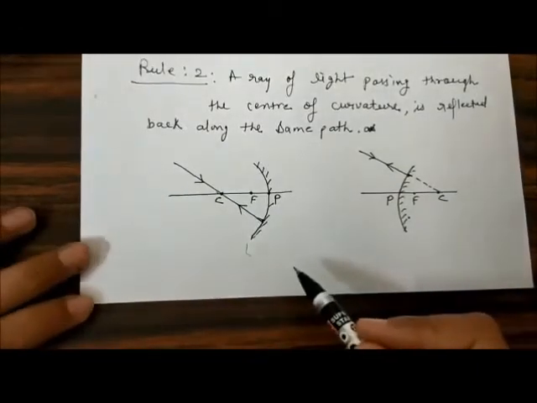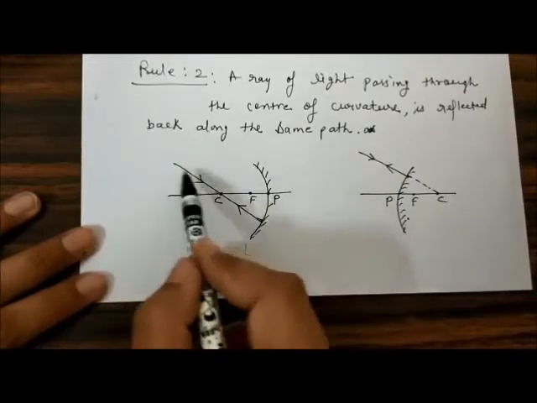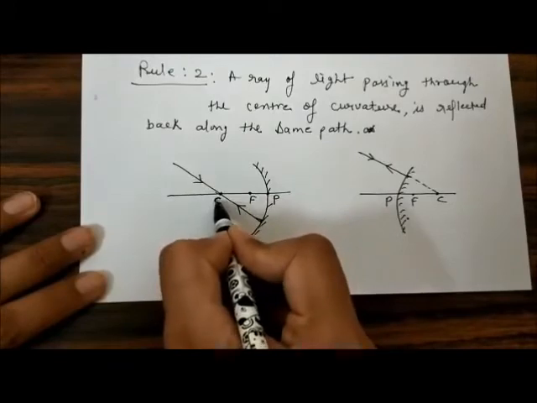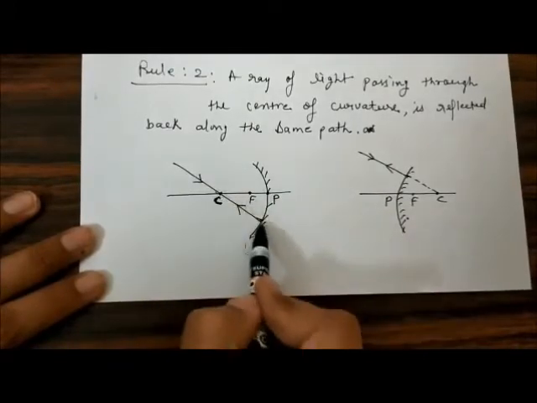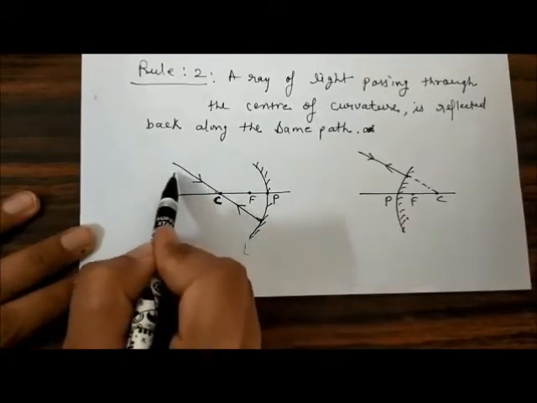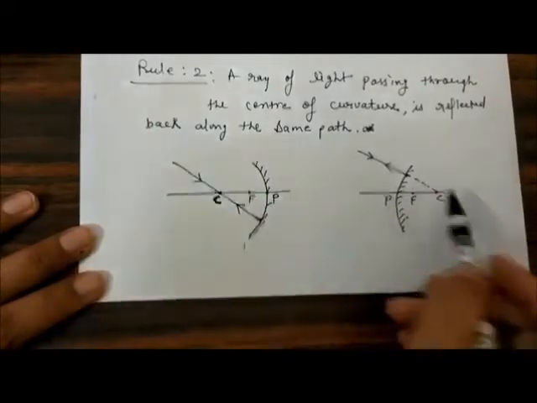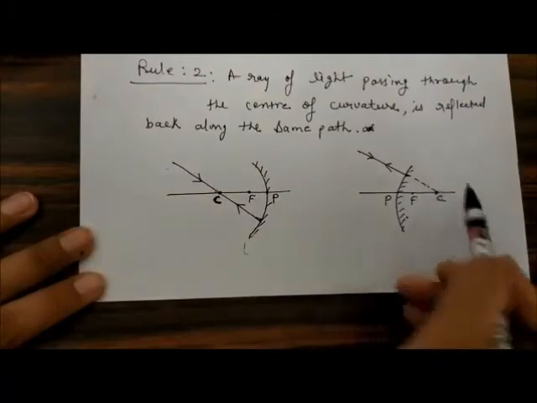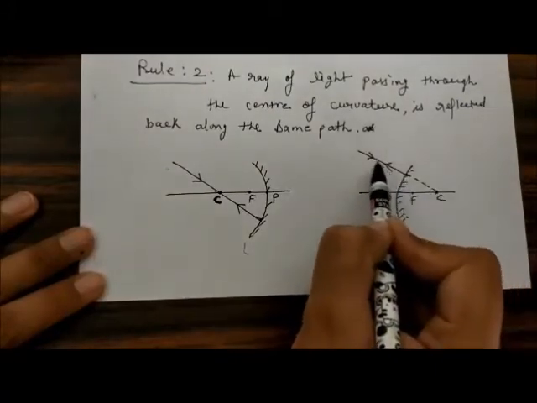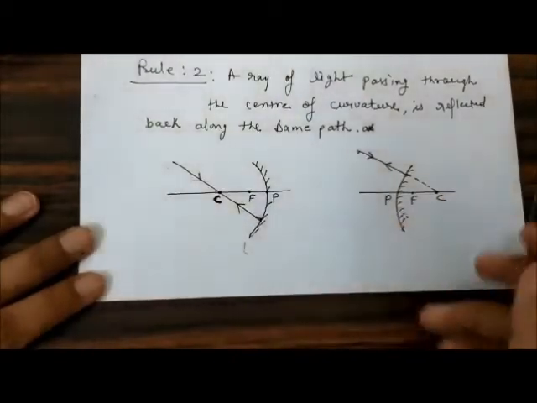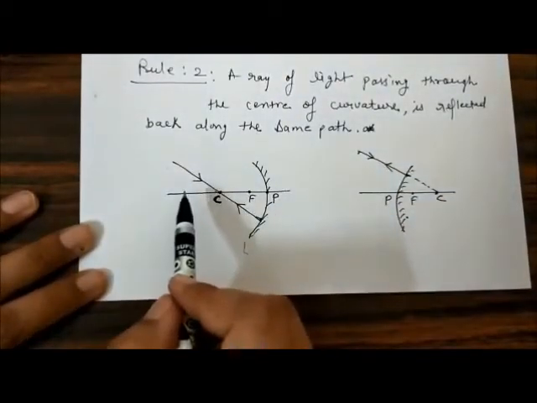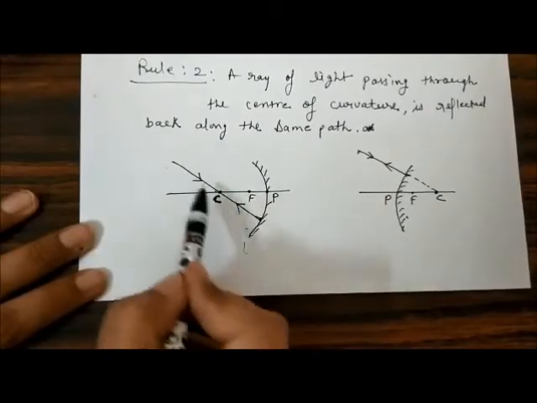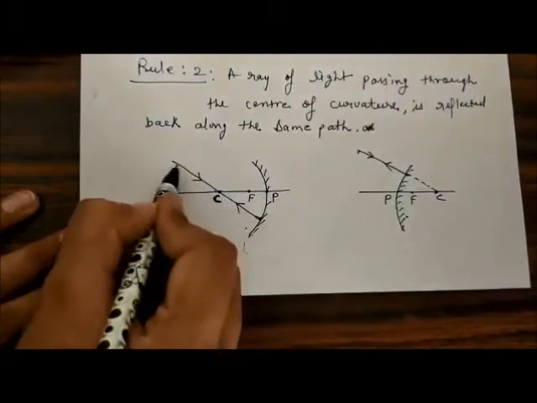So here we can easily see that the ray of light passing through the center of curvature is reflected back along the same path. This happens because the incident rays fall on the mirror along the normal to the reflecting surface. This is the normal.